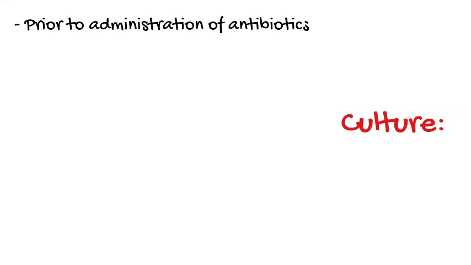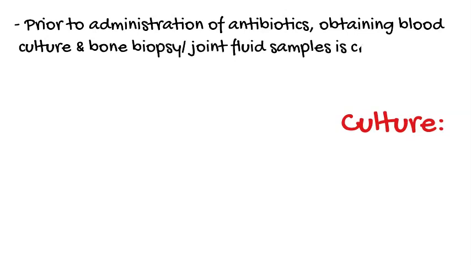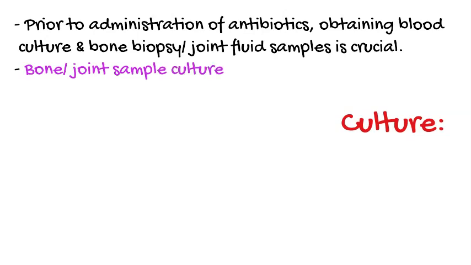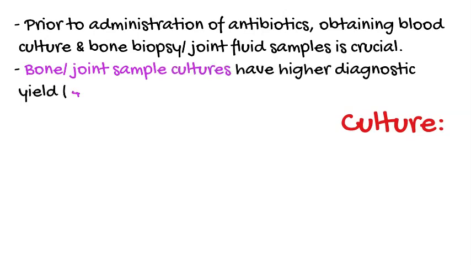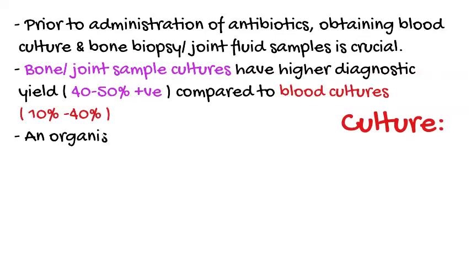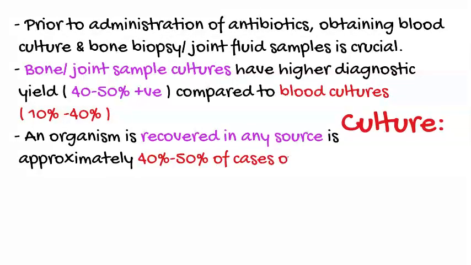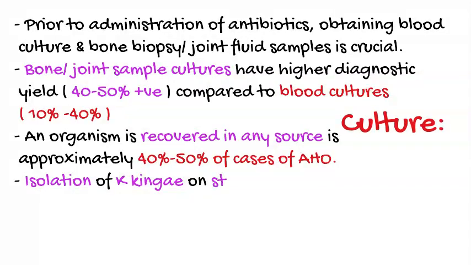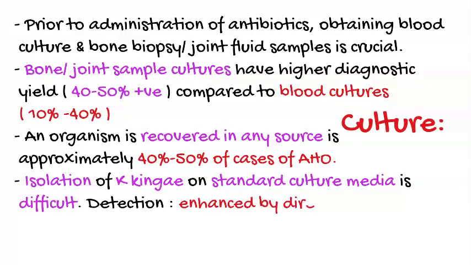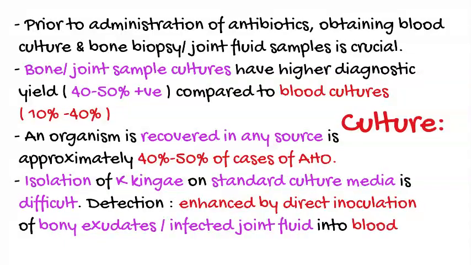For culture, prior to admission or administration of antibiotics, obtaining a blood culture and bone biopsy or joint fluid samples is crucial. Bone or joint sample cultures have higher diagnostic yield, around 40 to 50% positive, compared to blood cultures, around 10 to 40%. An organism is recovered from any source in approximately 40 to 50% of cases of acute hematogenous osteomyelitis.